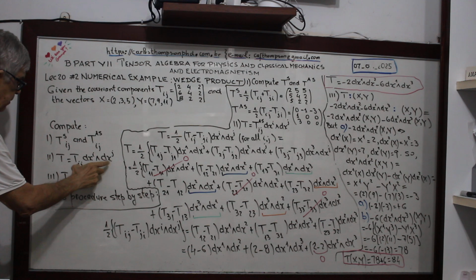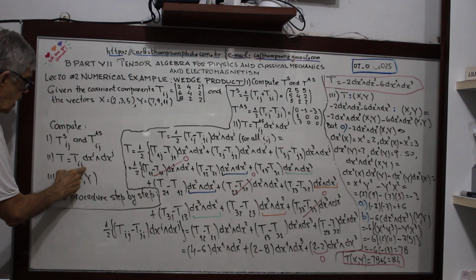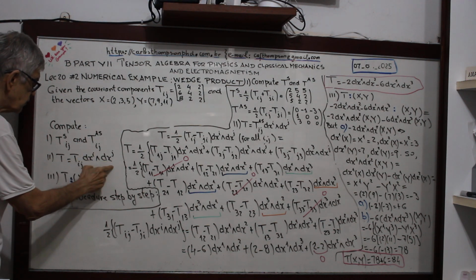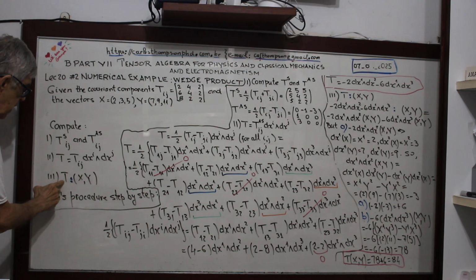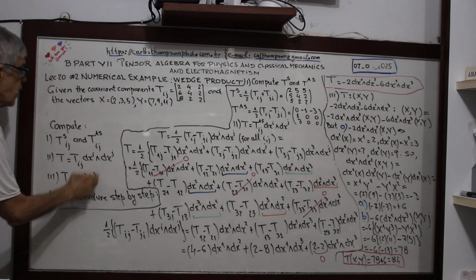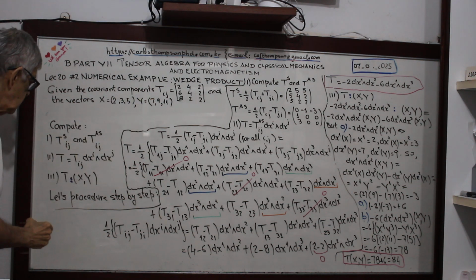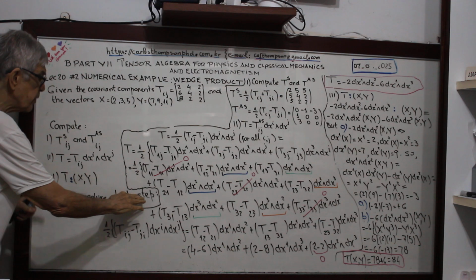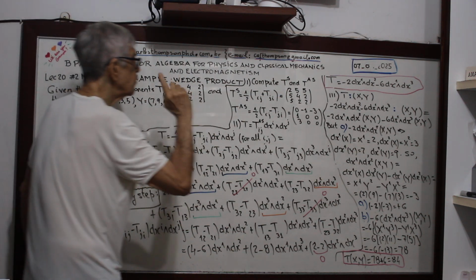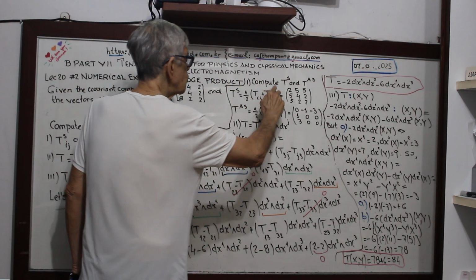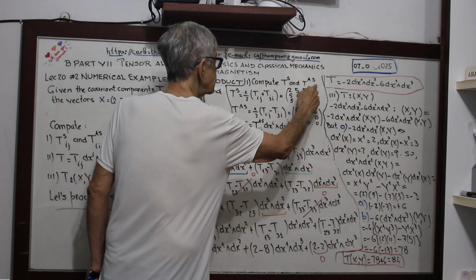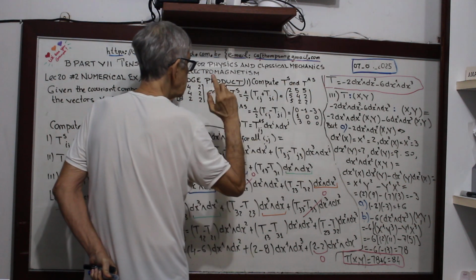Now, this map T, T_ij dx^i dx^j, acts on x and y, which are given. Let's proceed step by step from here. Step 1, compute T symmetric and T antisymmetric.